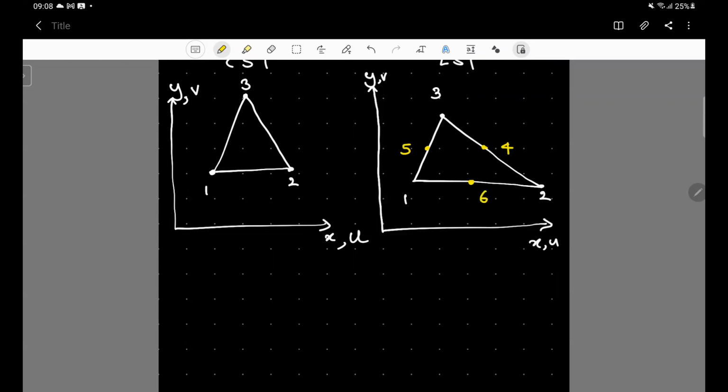So there are altogether 6 nodes. Each node has 2 degrees of freedom, just like in the previous case.